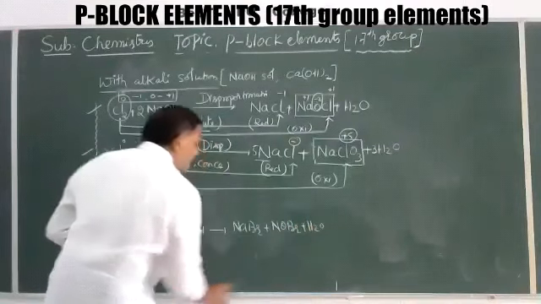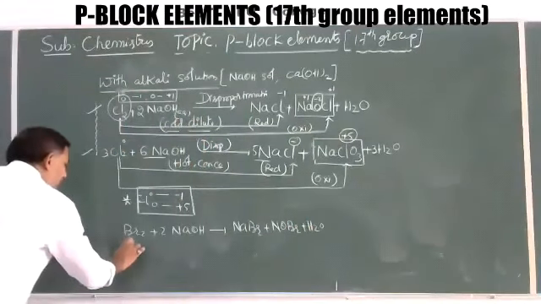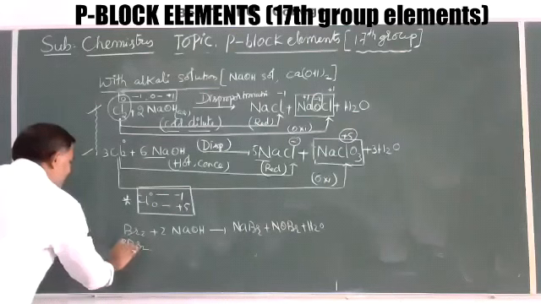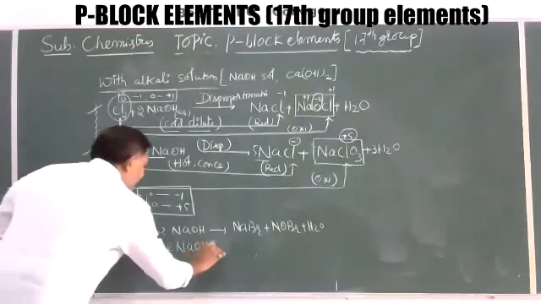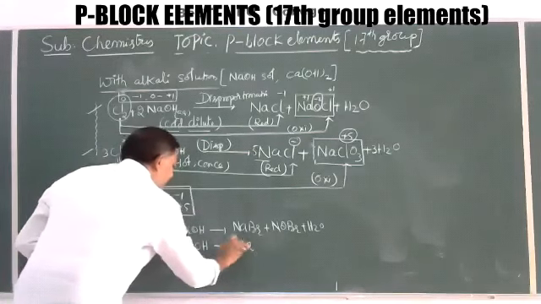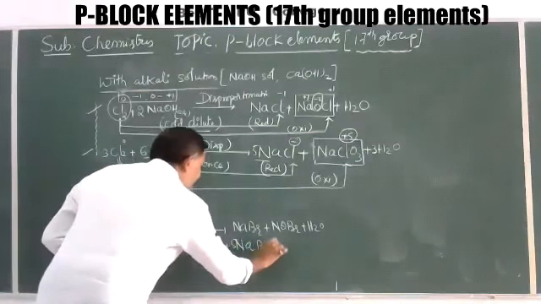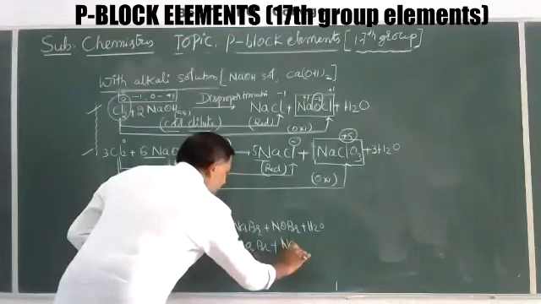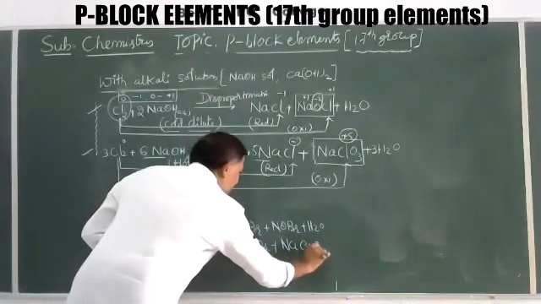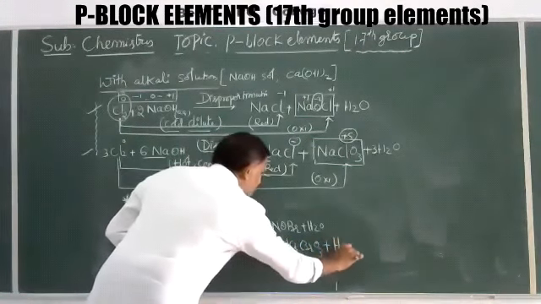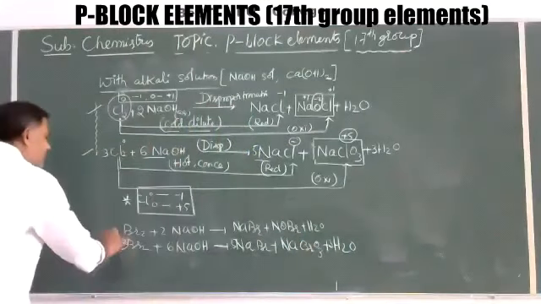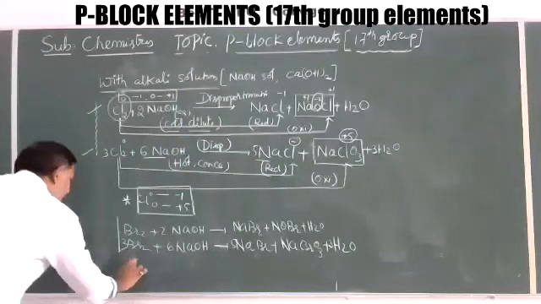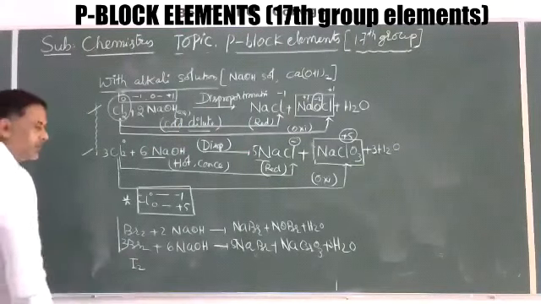Now here Br2 reacts with 6 NaOH to give 5 NaBr plus NaBrO3 plus 3H2O. Not only Br, iodine also the same.